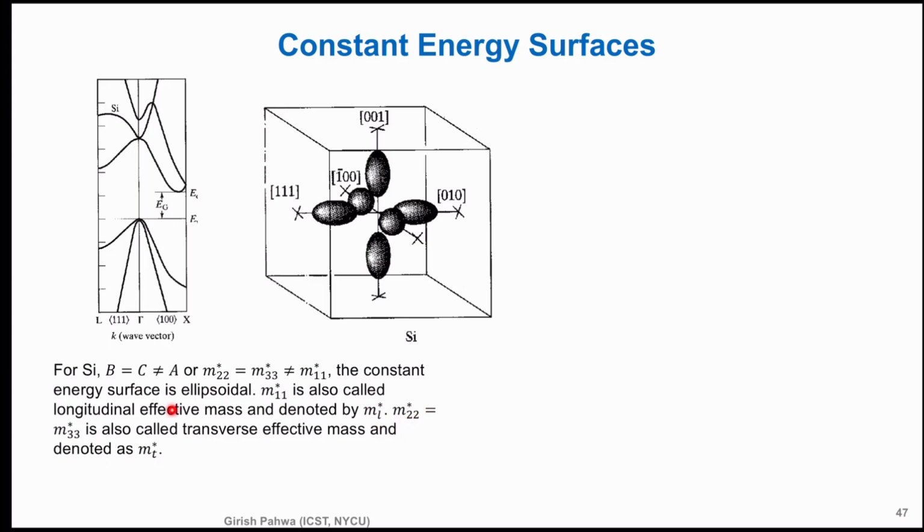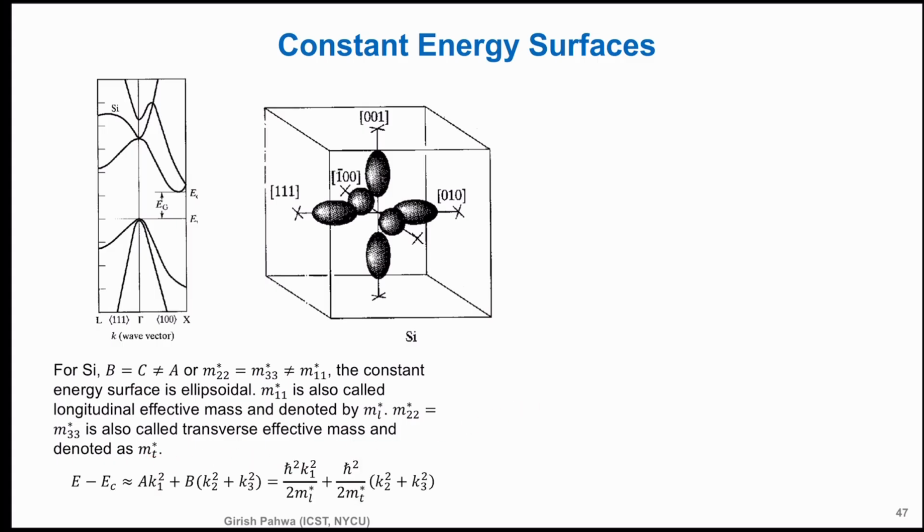And m22 and m33 are also called transverse effective mass because they are perpendicular to the longitudinal direction. Both of them are equal, and combinedly they are denoted by mt star. T stands for transverse. So you have ml star and mt star: longitudinal effective mass, transverse effective mass.